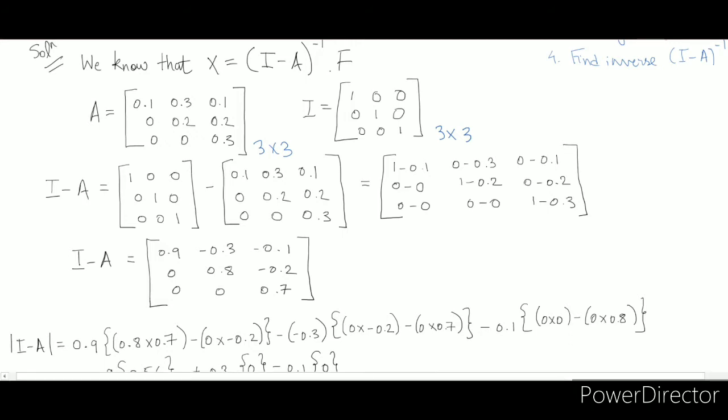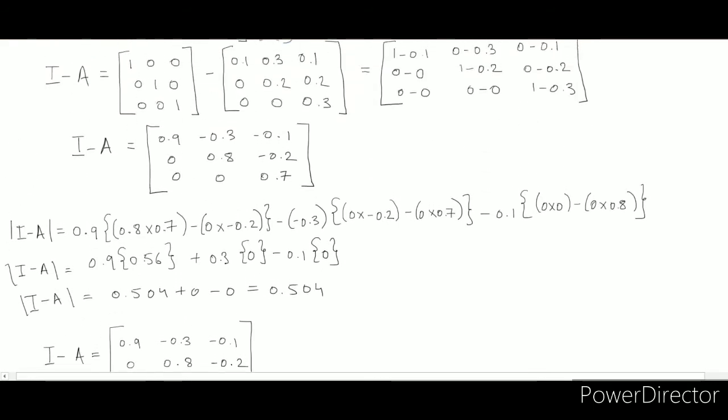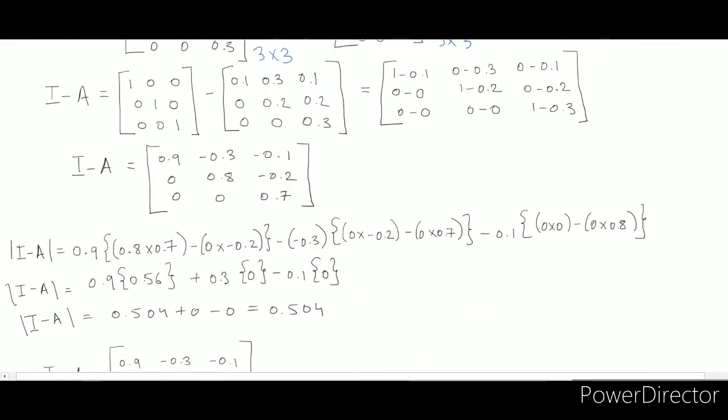Now in finding the determinant, remember, what we're doing here is we're using 0.9, minus 0.3 and minus 0.1. You can use any 3 elements of a row or a column, but they must be of the same row or of the same column.